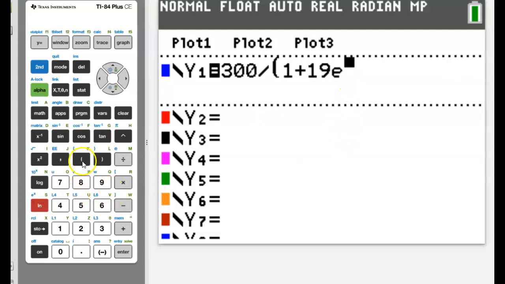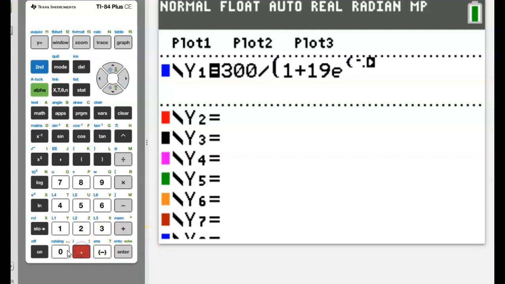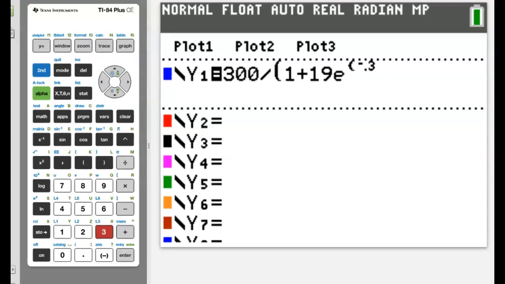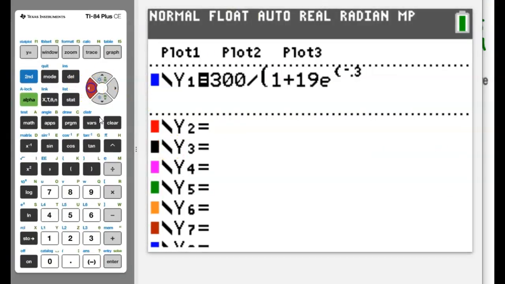You don't need a second parenthesis here as long as you have that little box, but I'll go ahead and put one. It's negative. Don't use the minus. It's negative. And then what was it? 0.3. Make sure you put the, it's 0.3, but it's not 0.03, okay? And I can put the 0 in front of it.